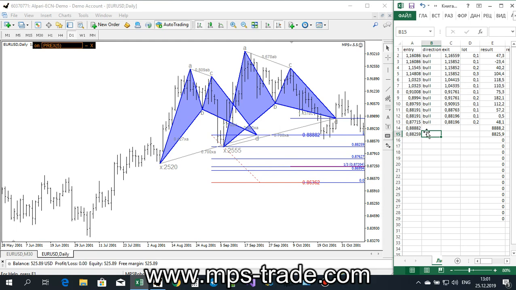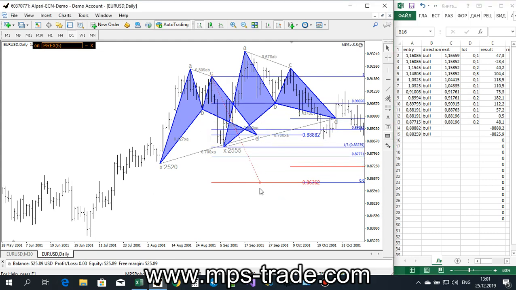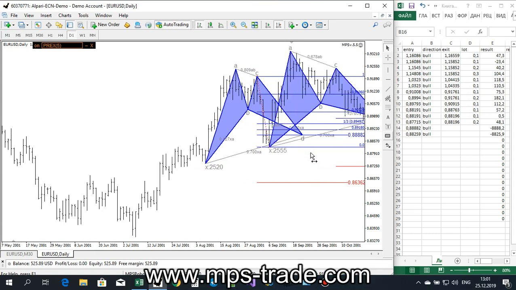So this is the second trade. They are all bull trades, and the exit is the same for all trading positions. It is 89.18.0. Oh, sorry, 89.49.2, 1/3. The first trade is 0.1 and the second trade is 0.2.